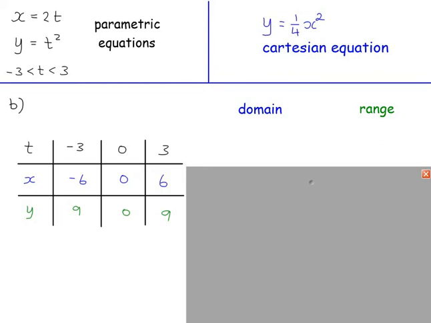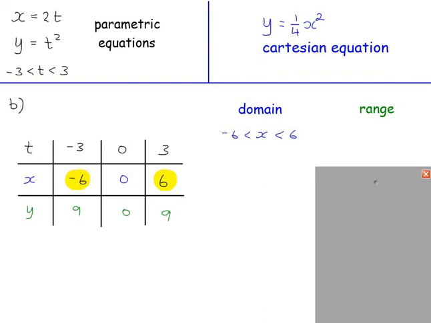Now we have to be careful here because the values which define t don't include the -3. It's t greater than -3, and they don't include the 3 either. T is less than 3. So the -6 and the 6 are not a part of the domain.